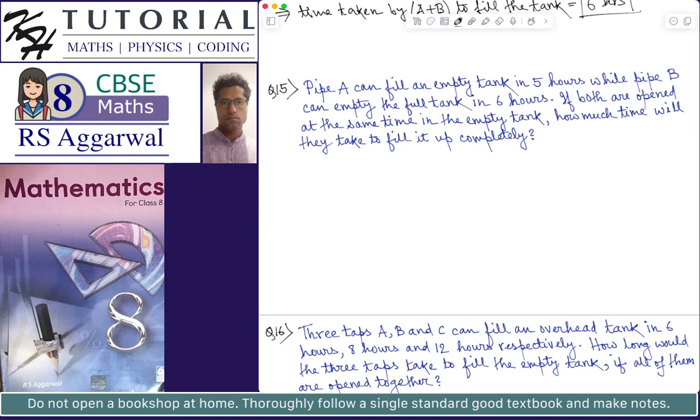So let's see. Work done by A in 1 hour is equal to 1 by 5. Similarly, work done by B in 1 hour, be careful that work done by an outlet pipe is always negative.